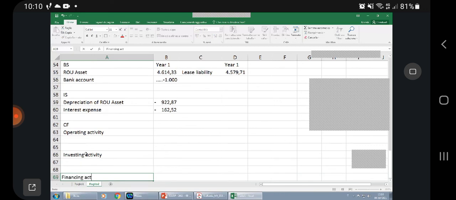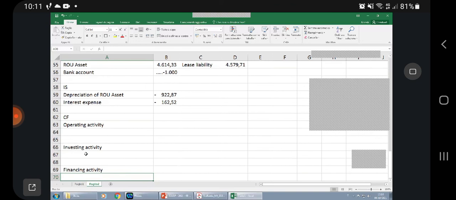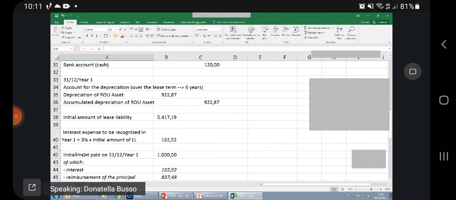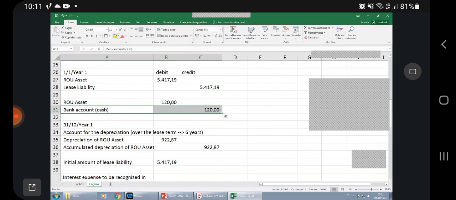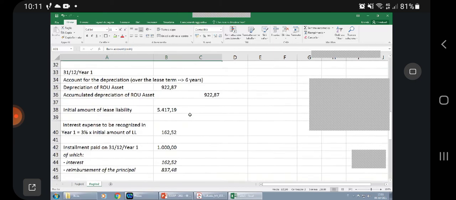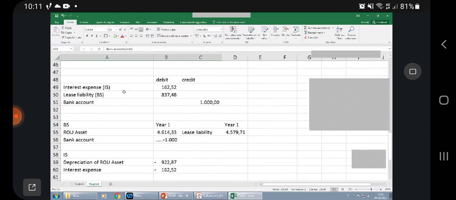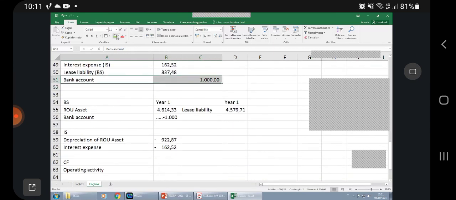Okay? Look now and look for cash movements. Here, 120, okay, and here, 1,000.